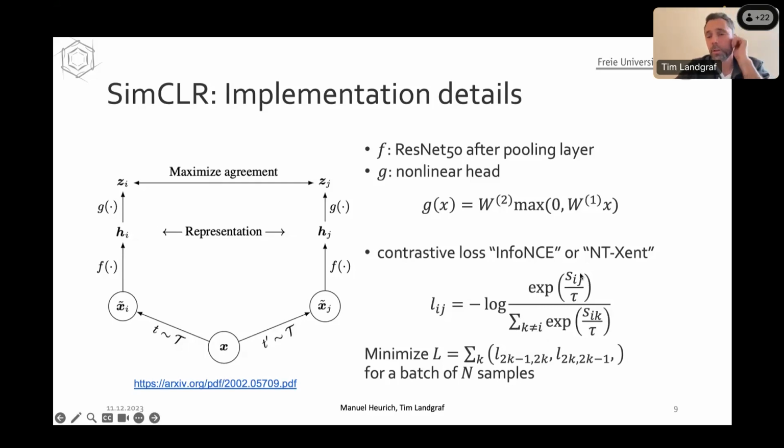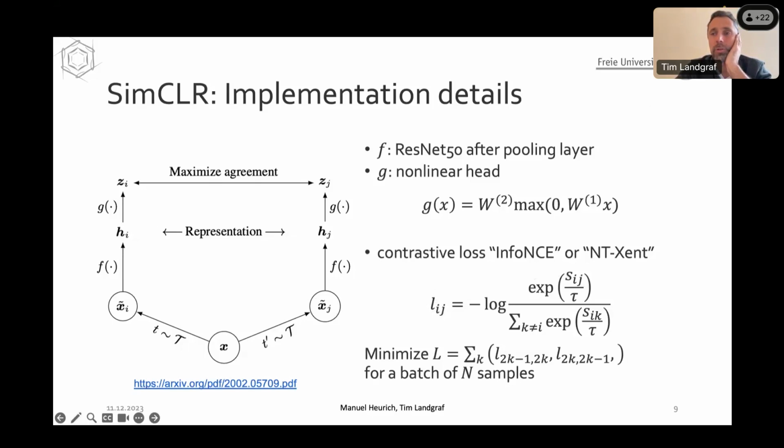But the general form of this loss term for a given combination of i and j, and in this case, these are the positive pairs.